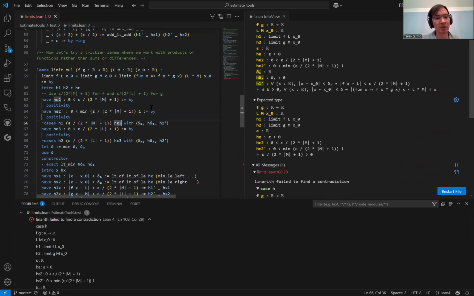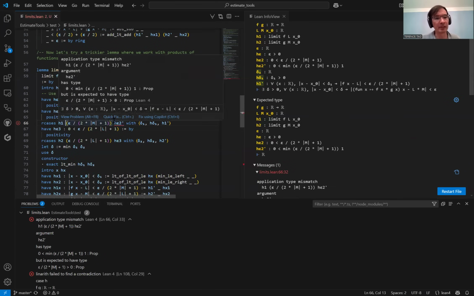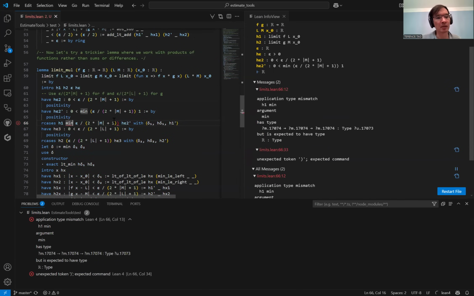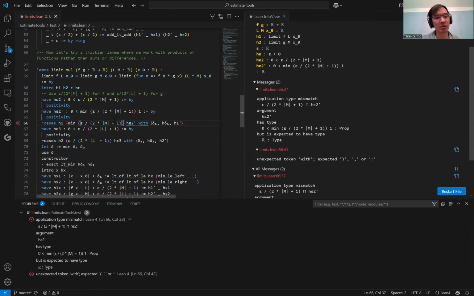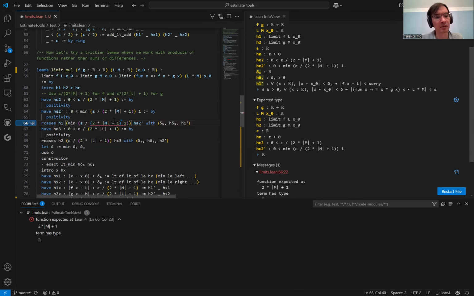All right, so I'm going to improve the convergence of F, I think. What am I doing wrong?